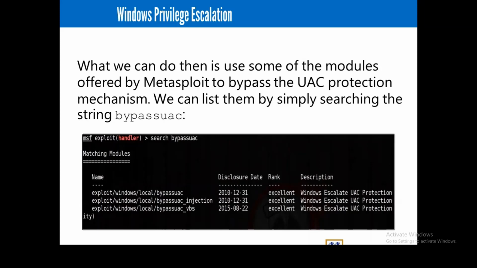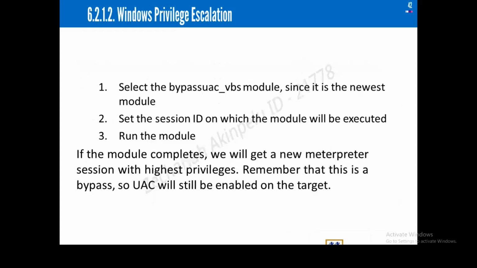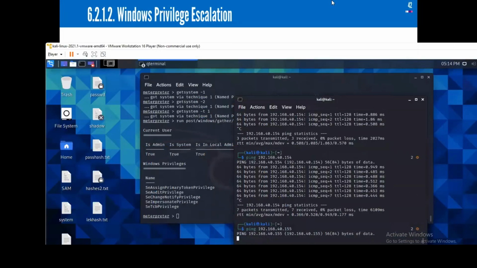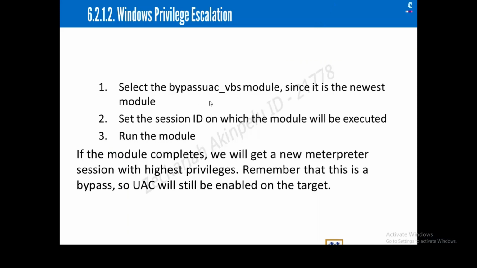You can list them by simply searching the string bypass, and there's a whole lot that you can do with Metasploit. You can select the bypass module, since it is the newest module. You can set the session ID on which the module will be executed before you run the module.